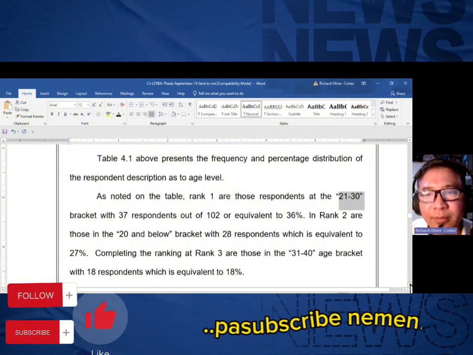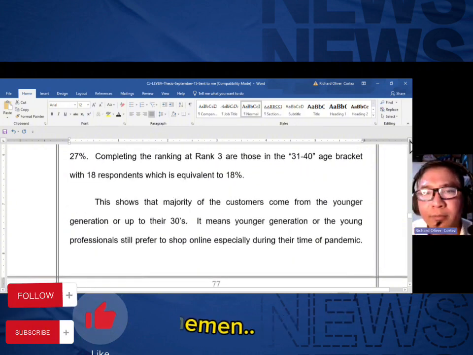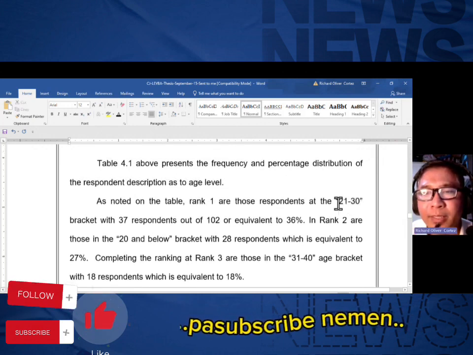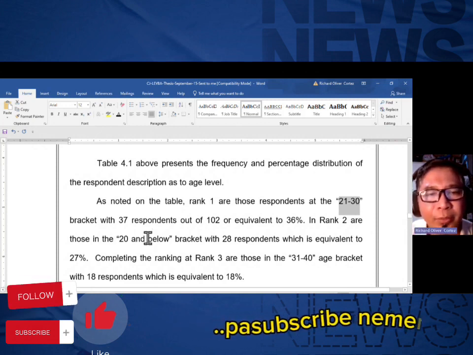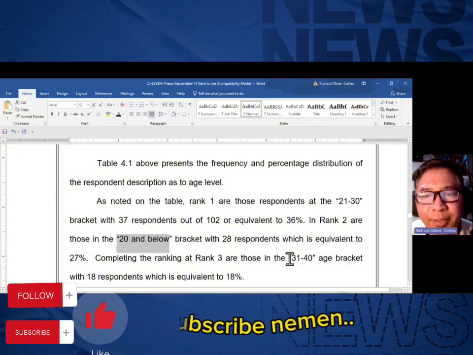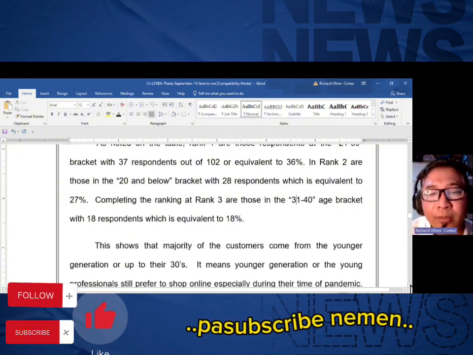Okay, so you discuss, for example, why the 21 to 30 are rank number 1. Our rank number 2 is the 20 and below. Rank number 3 is the 31 to 40. So what does it mean? Why are they the top 3?